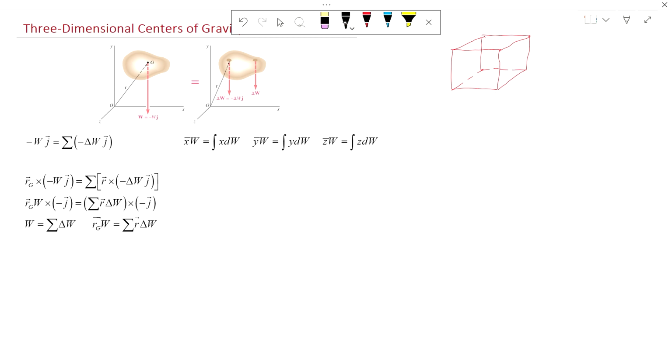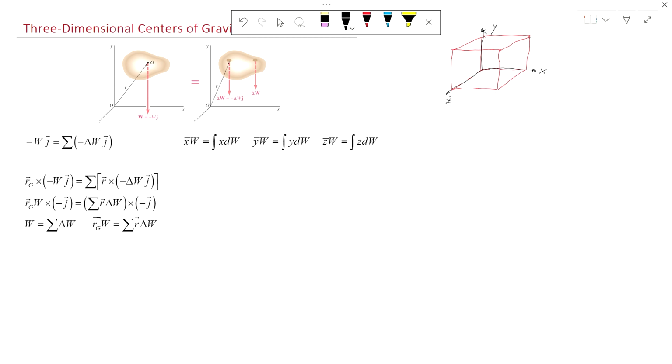Let's assume the coordinate system is right at the edge. Actually, we can even make it simpler. So we have a positive coordinate system. We say this is x, we have y going up, and z coming towards us.